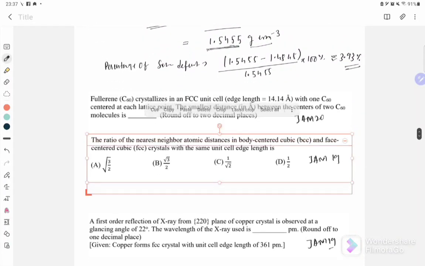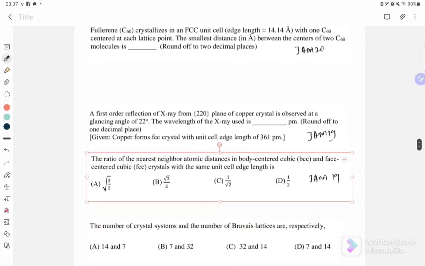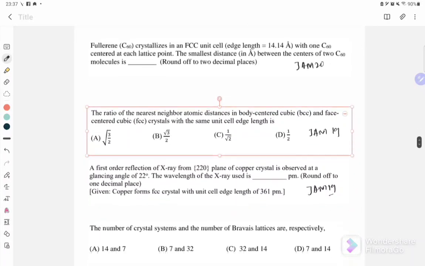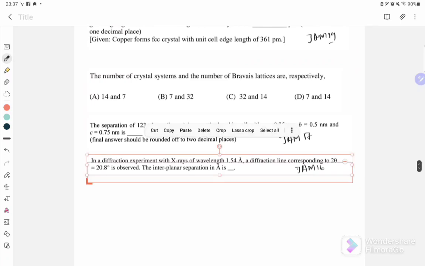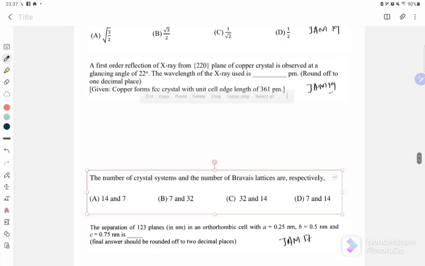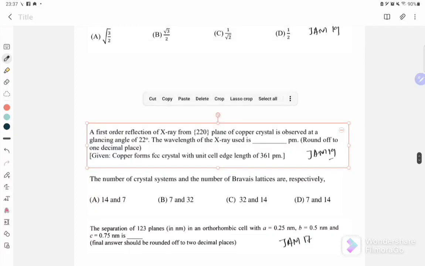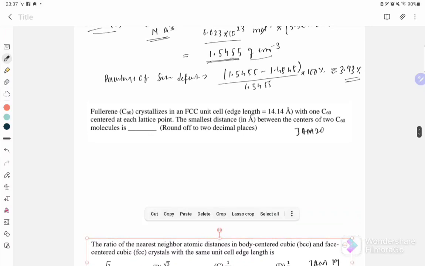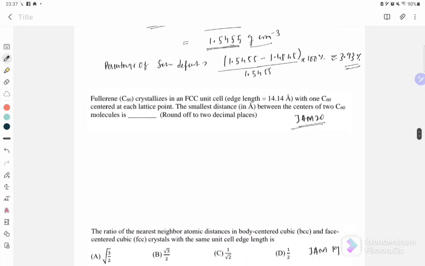So we'll do our next question. Questions are haphazardly arranged. Okay, our next question came in JAM 20, and there is only one question from JAM 20.